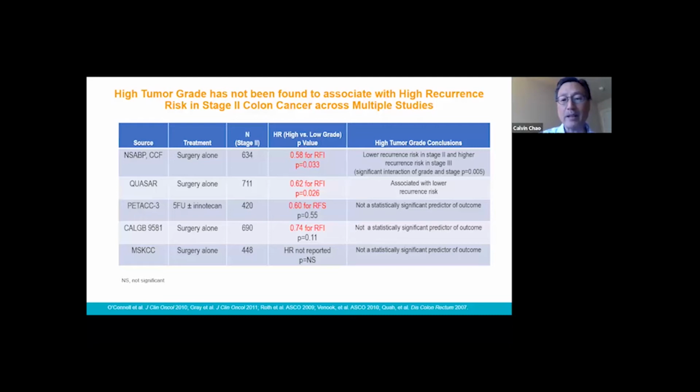And that may be because of really inconsistent, non-standardized ways of defining grade. Some regard the mucinous histology as included as high grade, and these patients often are the MMR deficient types of patients who have a very good outcome. So this really is quite confounded in stage 2.